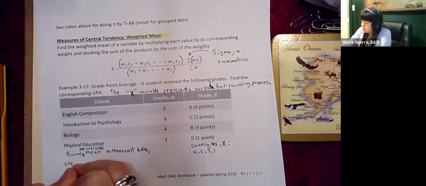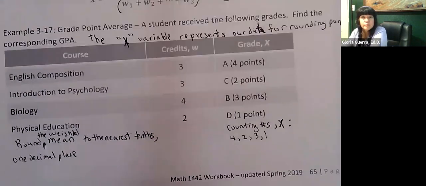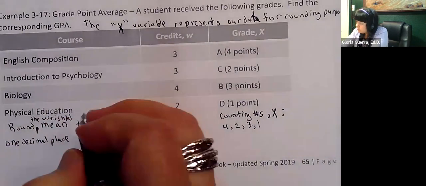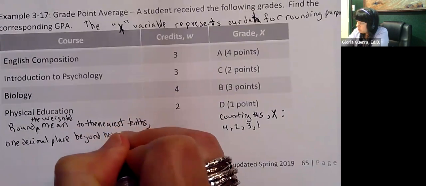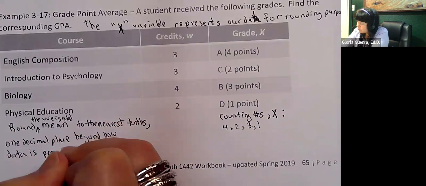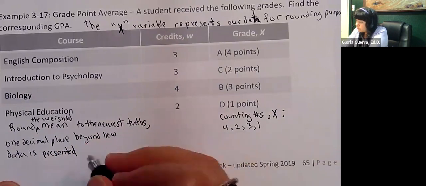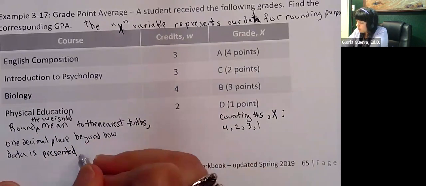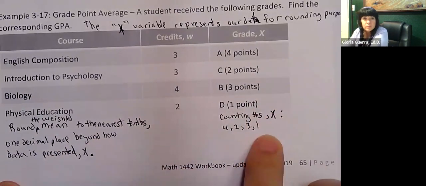And so that's one decimal place beyond how data is presented. And for us that was X.